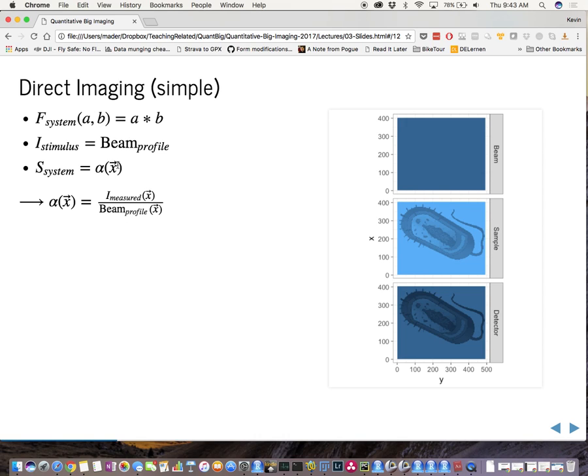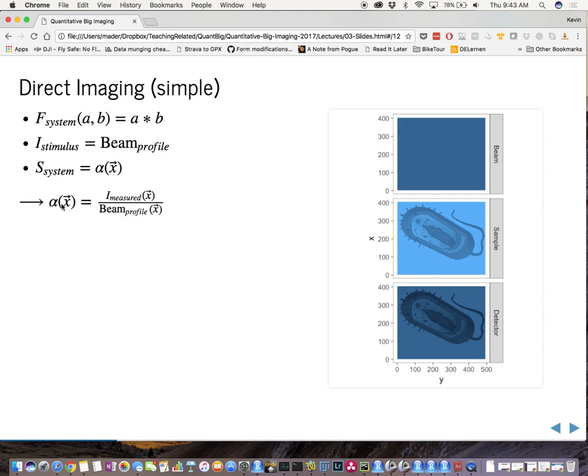You then have your stimulus, which is the profile of your beam, and you have your system, which is the absorption coefficient of your sample. If you want to get back to this absorption coefficient, which is correlated with the electron energy density levels or any number of other parameters based on how you're illuminating it and what exactly you're looking at, then you take your measurement and divide it by your beam profile.